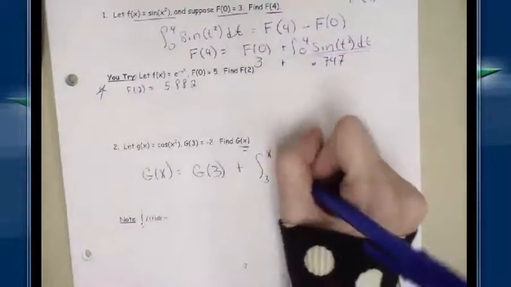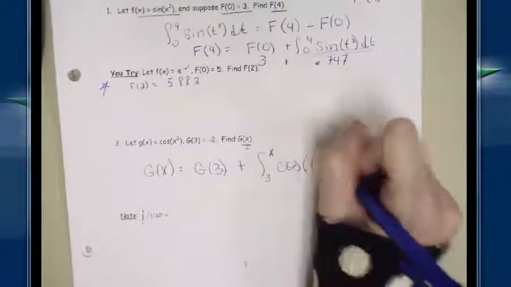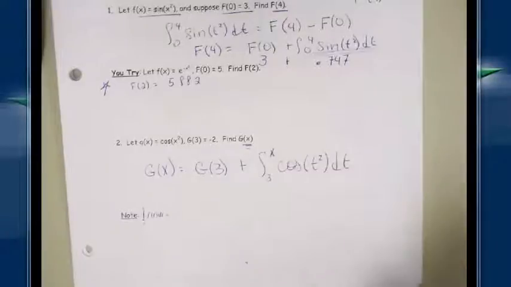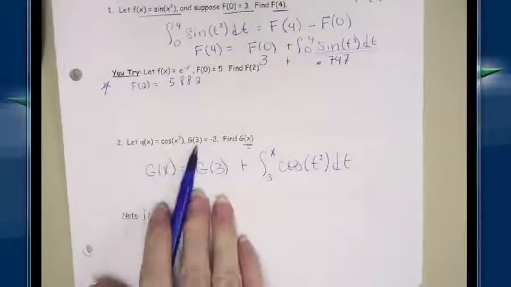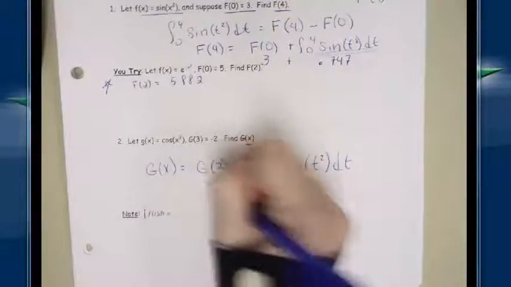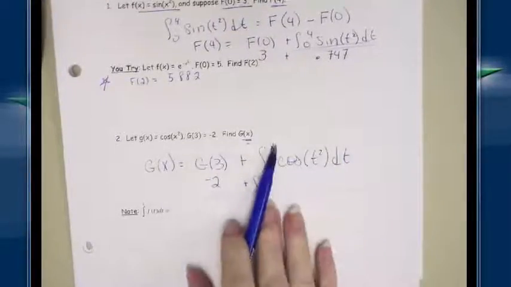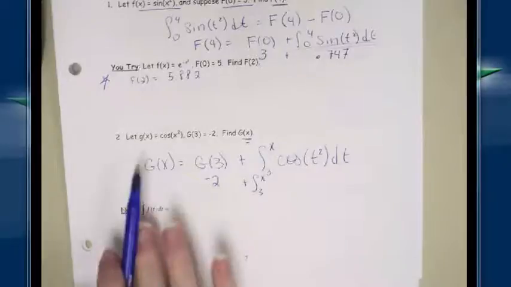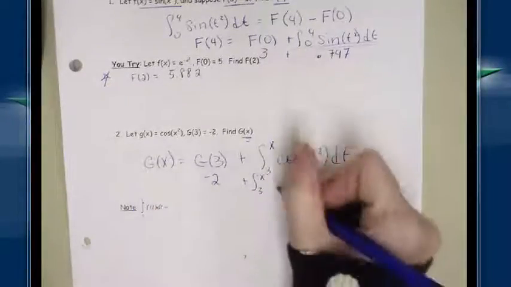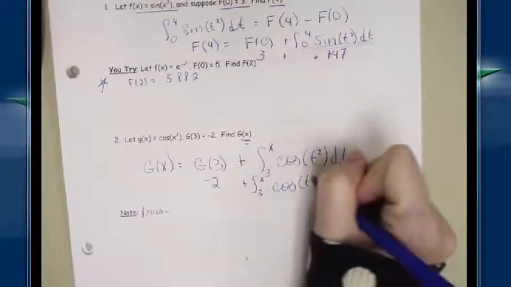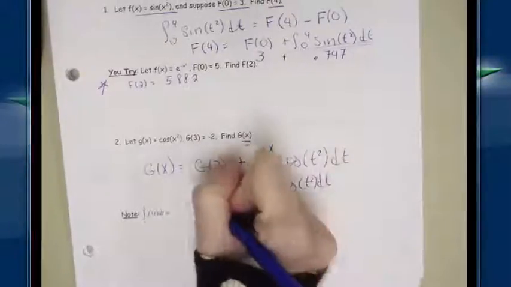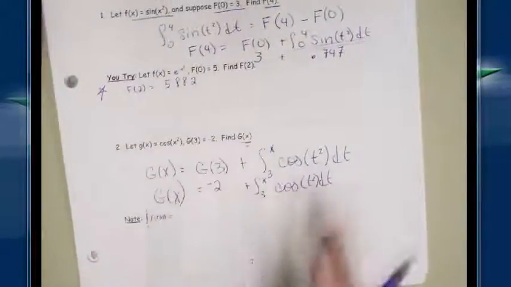And then we would say of cos of t squared dt. Filling in, g of 3 is -2. And again, using the fundamental theorem, the top variable, my b, is what's out here. So you want to make sure you have that all set. And then that is your correct notation in terms of x.